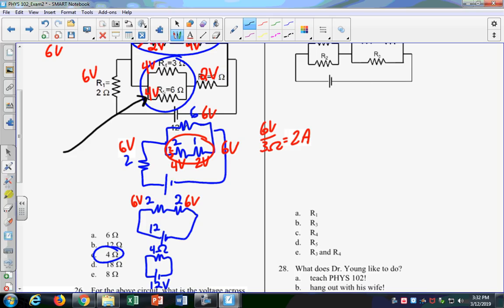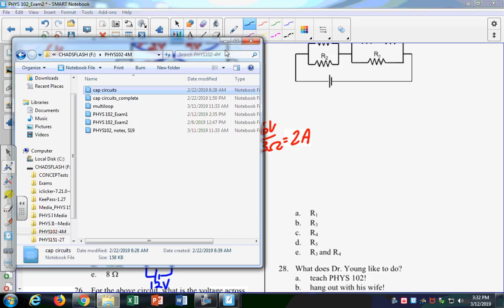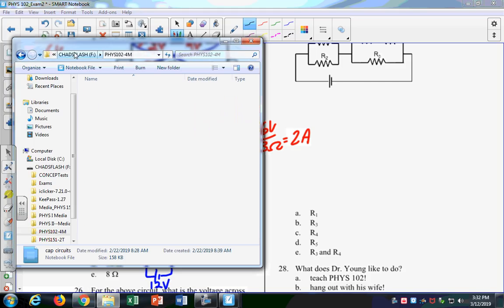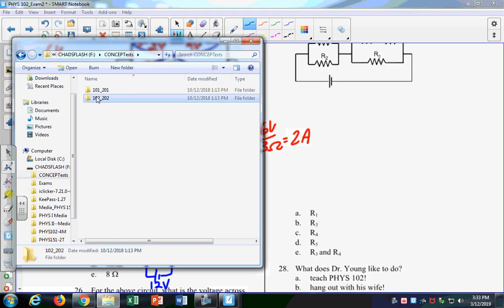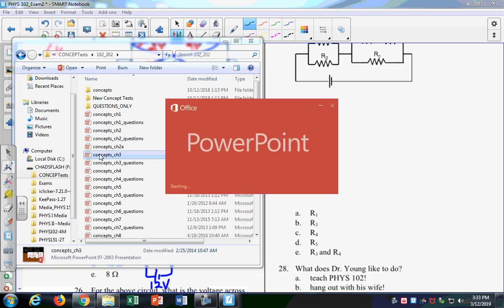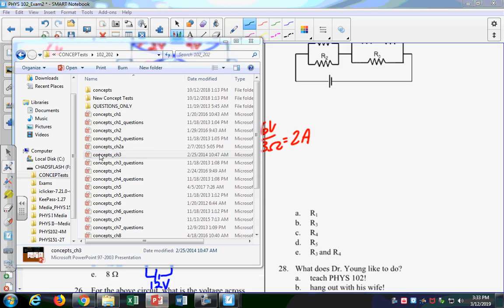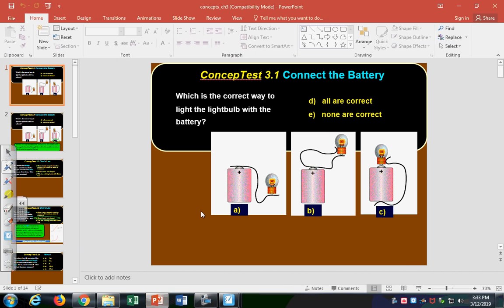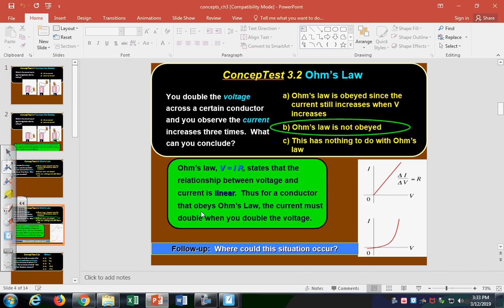So, some of the questions on the concept test. All right, let's take a look. Oh yeah, the power. There are a couple of power problems. What do you have to worry about whenever it's talking about brightness? I know you worry about power, but is it the current that you worry about, or is it the voltage?